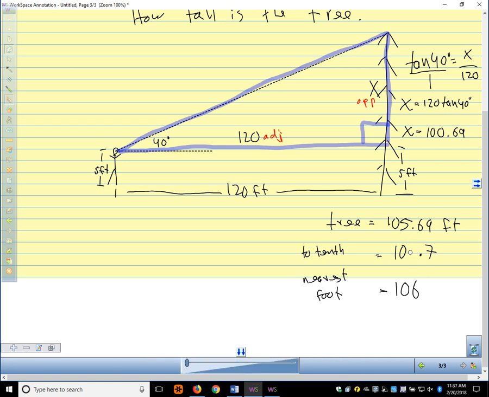Whoops, this should be 105.7. If we round to the nearest foot, we'd get 106. Wait, so the tree's 106 feet tall? Yes. It's a pretty big tree.